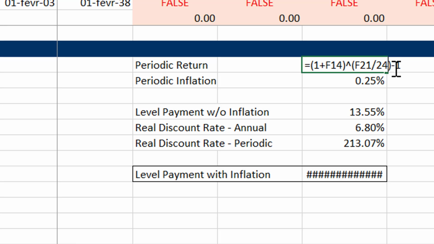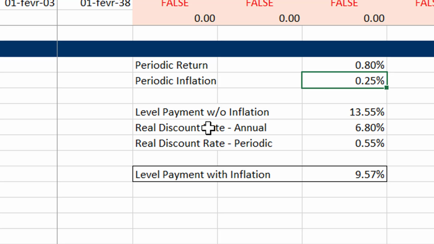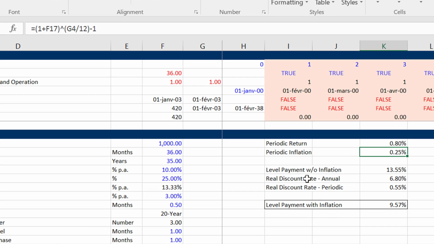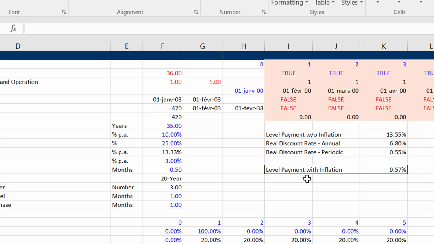What I just did is divided by 24 because I talked about my, okay, that's our periodic rate. You just raise it to the 1/12th power minus 1. I've done that so many zillion times. Okay, and we need that, and we're going to do the same thing for the inflation because we want to be able to run it either on a monthly basis or on an annual basis.